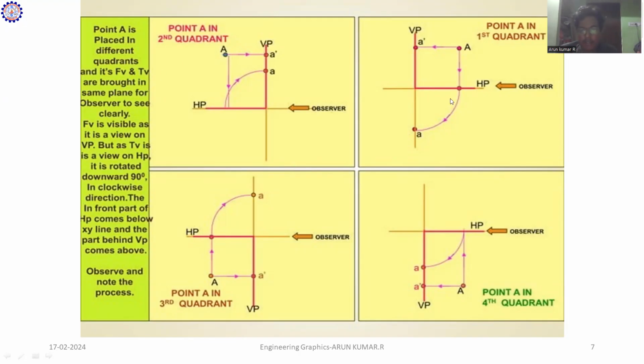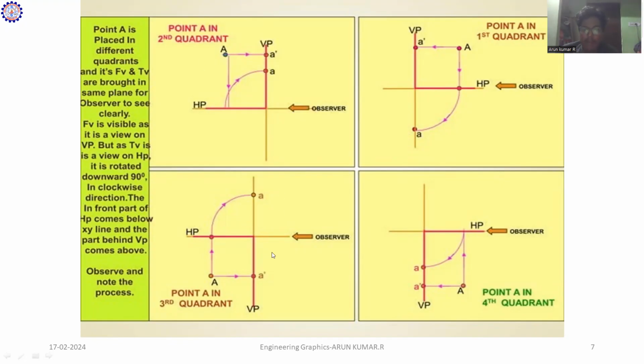In the last lecture we saw that point A is located in the first quadrant. Similarly, we locate point B. Point A is located in the second quadrant when the observer is looking at the back side of the vertical plane, so we locate A dash and A for the second quadrant.